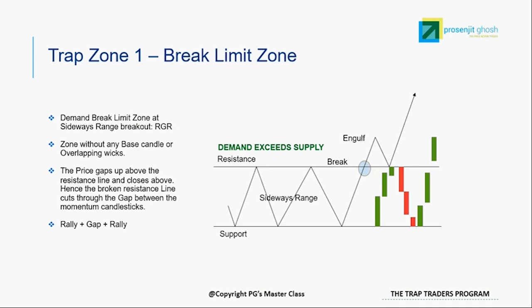So by this a rally gap rally gets created, and we know that demand exceeds supply here and we can trade it. So how can we trade it? We will mark the gap by taking the move in candle's high as the distal line and the move in candle's low as the proximal line, and we can mark it like this, and this will be my zone.